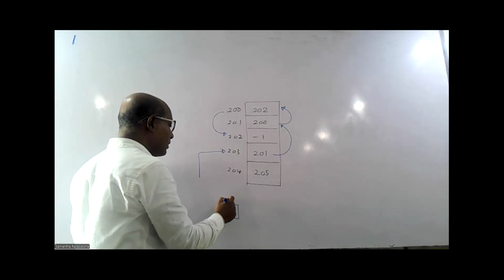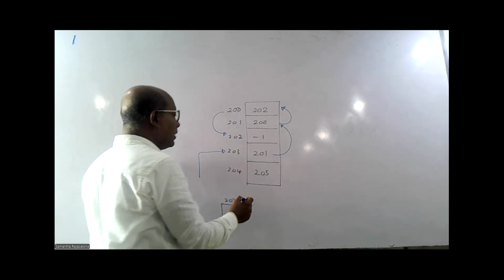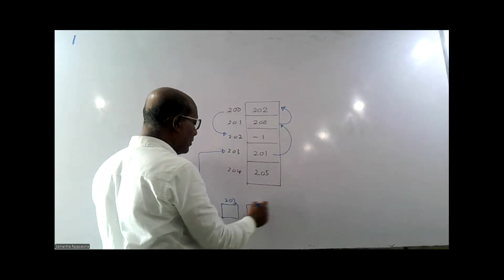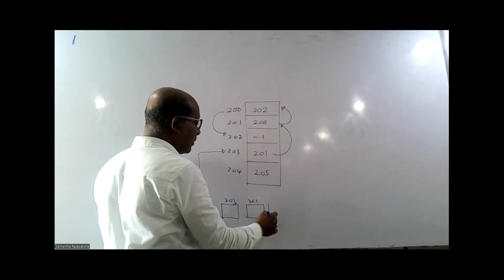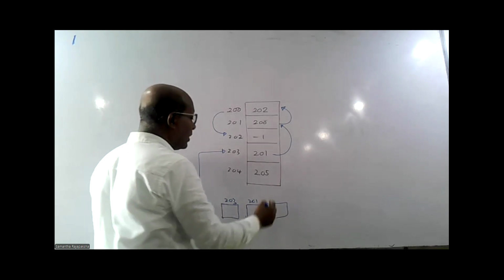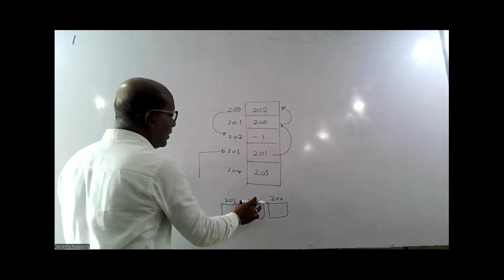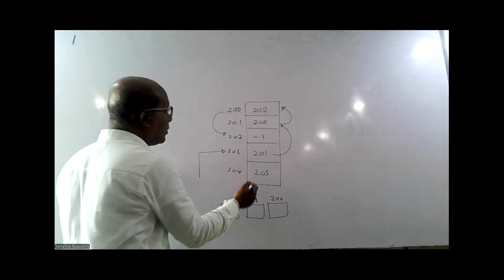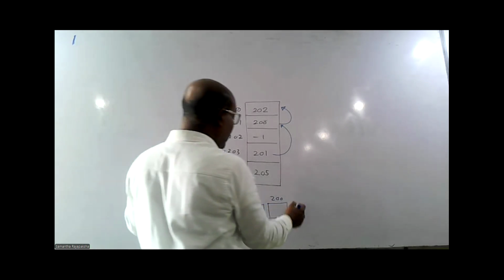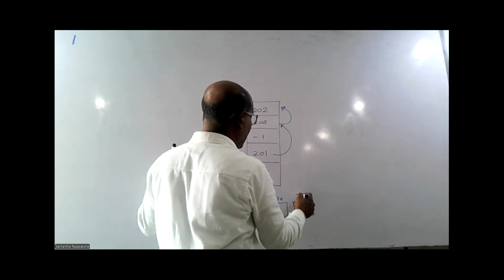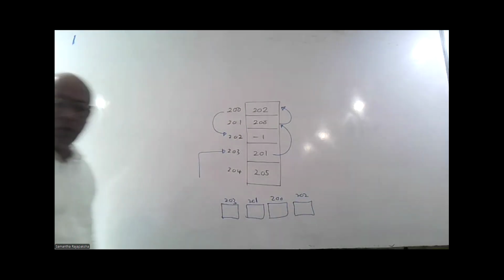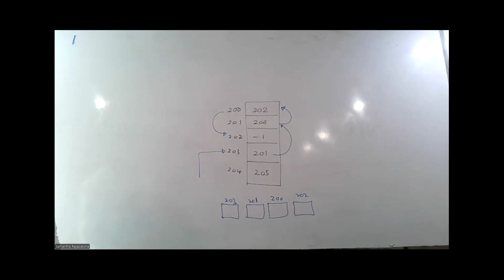203 is one block. And 201 is another block for this file. And 200 is another block, and 202 is another block. Then we have how many blocks? 4 blocks are there.